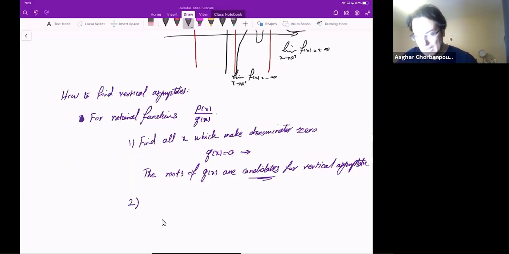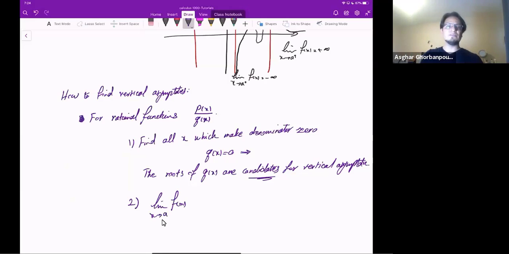Because that's what the second step will take care of. We may have a root of the denominator such that when you find the limit, it is not positive infinity or negative infinity. The second step is that you check all these limits.